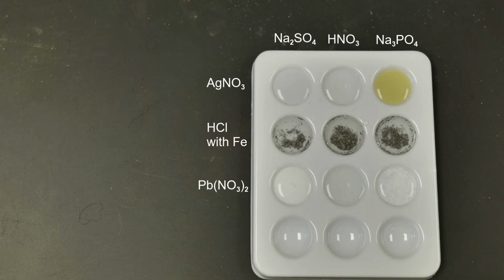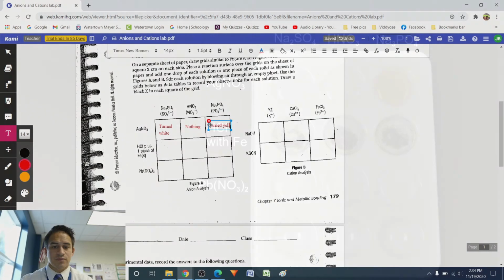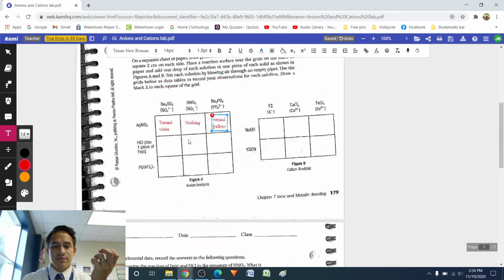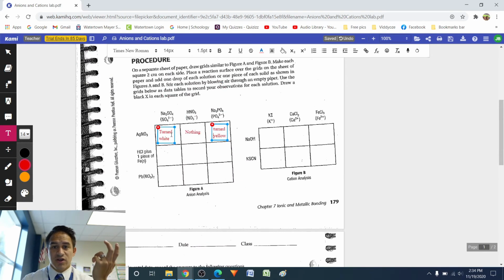So that would not be a good one. But then the last one, the AgNO3 with the sodium phosphate, turned yellow. So this one would be a good one also that we could use to identify the anions. So again, the question was asking, which solutions from figure A are the best for identifying each anion? The silver nitrate was pretty good at identifying the anions for sulfate and for phosphate.